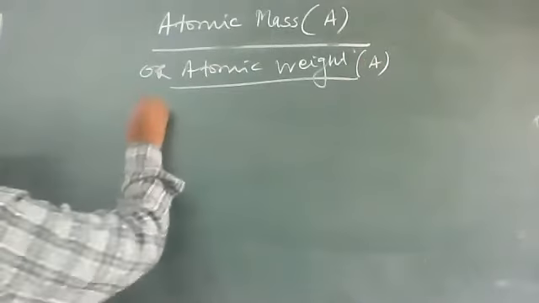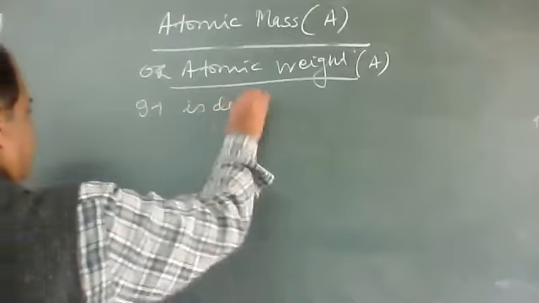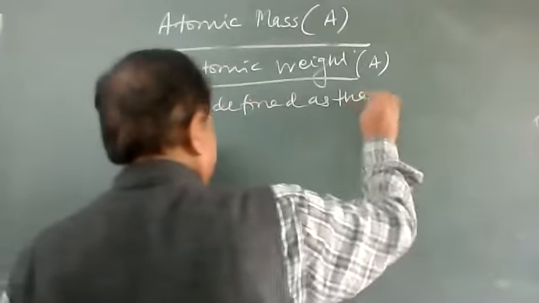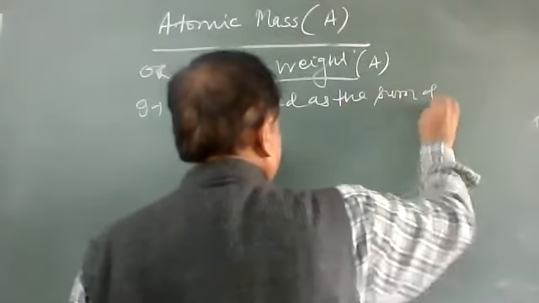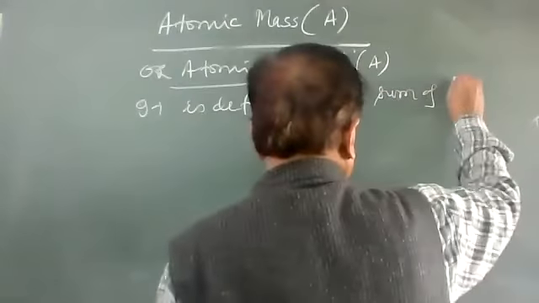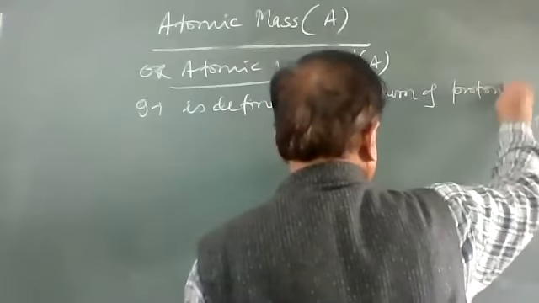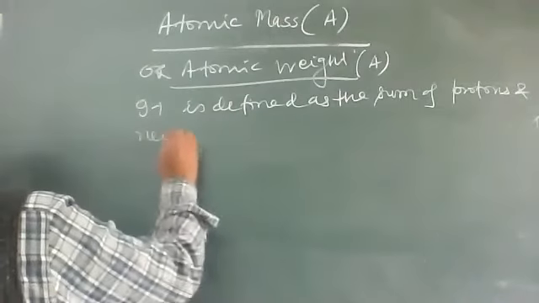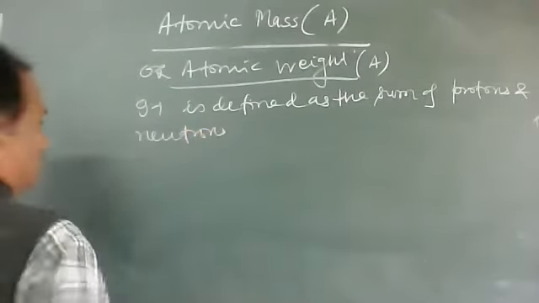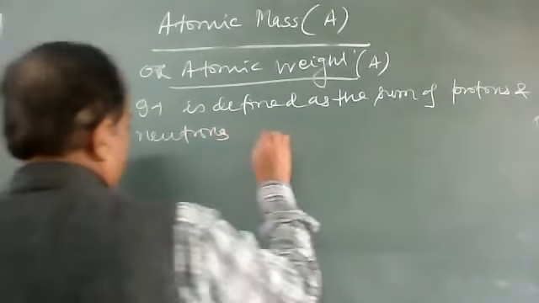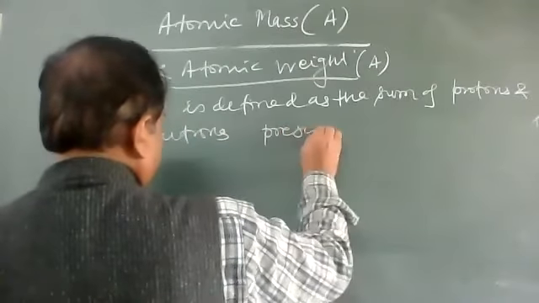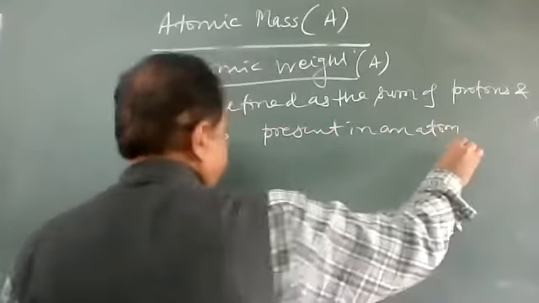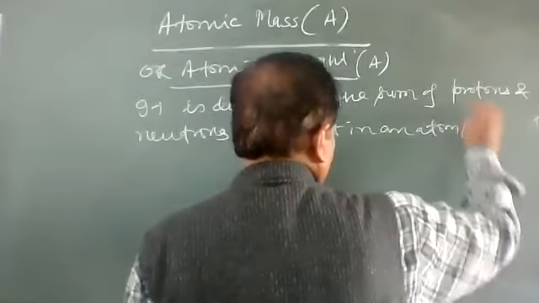Now it is defined as the sum of protons and neutrons present in an atom or ion.